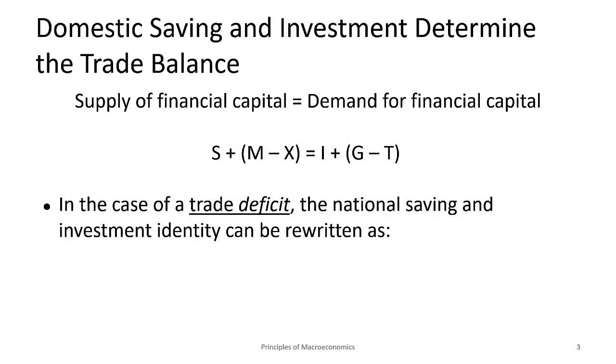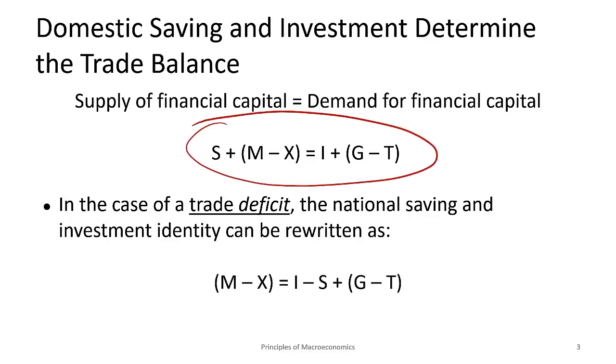Again, trade deficit means a situation where your imports are more than your exports. So we can rewrite this whole equation into this, which essentially means that this is your trade deficit, is equal to your private investment minus private savings plus this is your budget deficit.